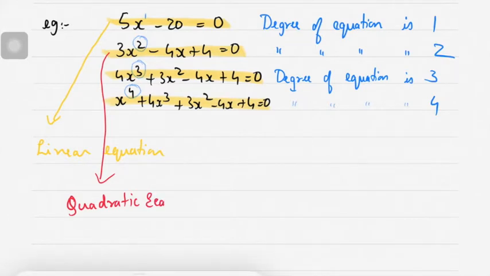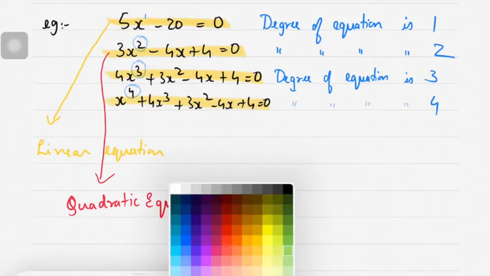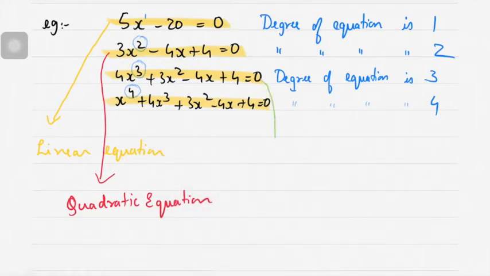The third one is called a cubic equation.